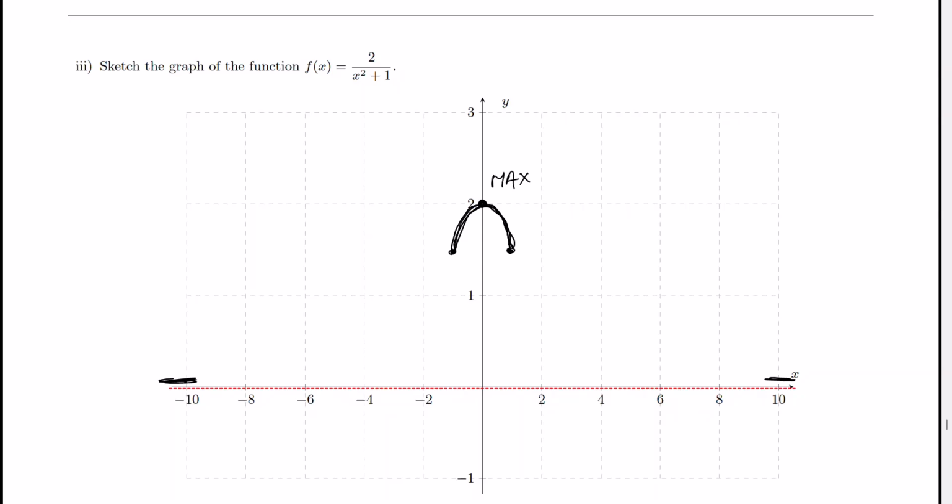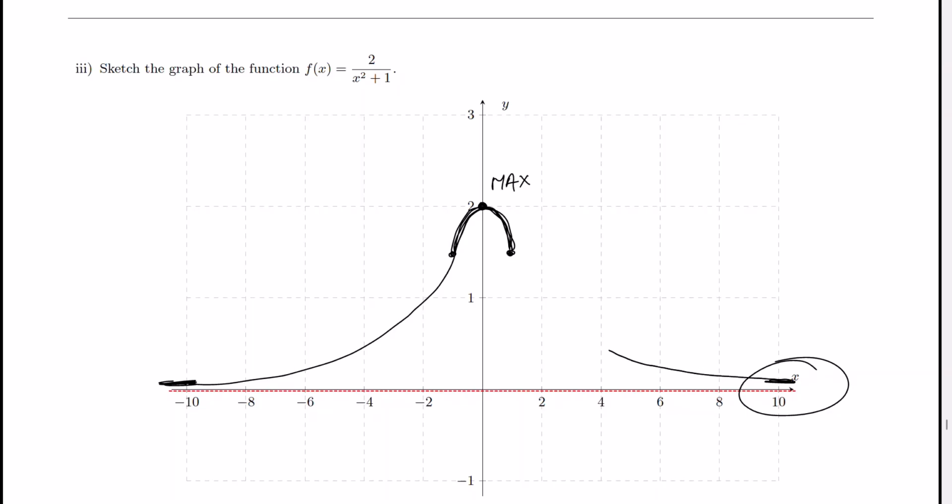So that's kind of what I'm expecting there on that interval. And I have to get to the edges of the graph by being concave up. So something along this graph, something along this line. So that's the general picture that I'm expecting to see when I plug my function into the calculator.